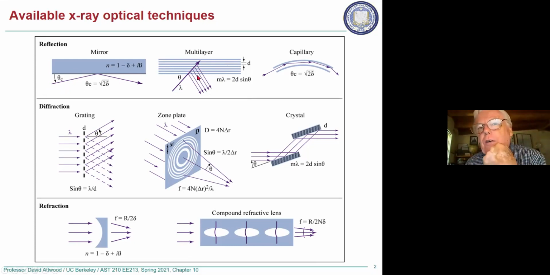So we'll see a reflectivity curve later where you can make use of multi-layers even at hard X-rays, but not at normal incidence, at some small angle, but not as small as the critical angle, okay?